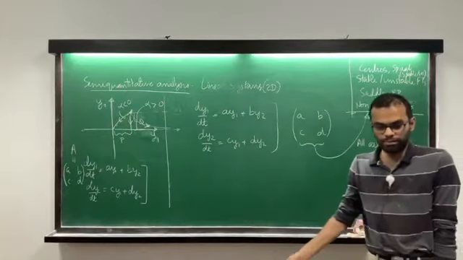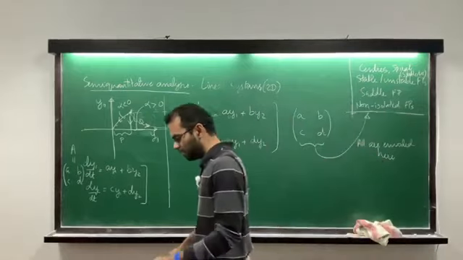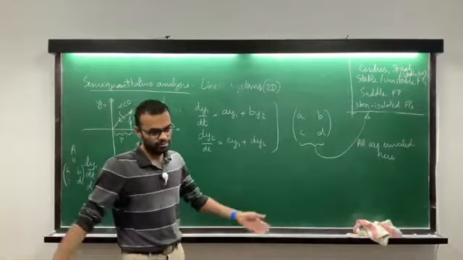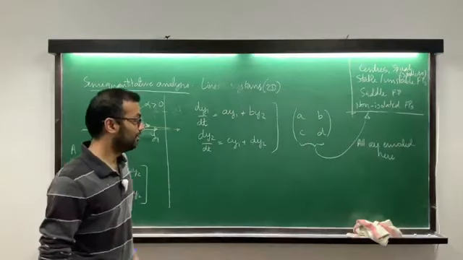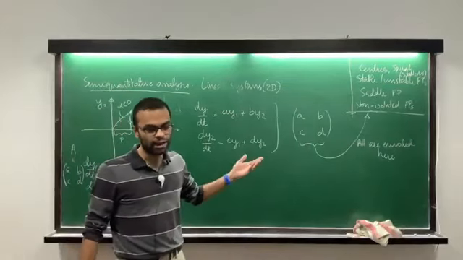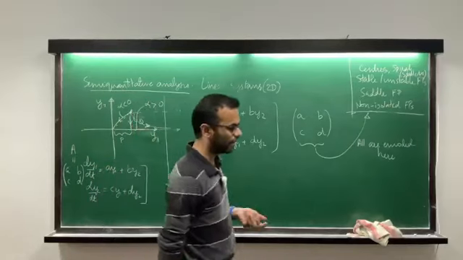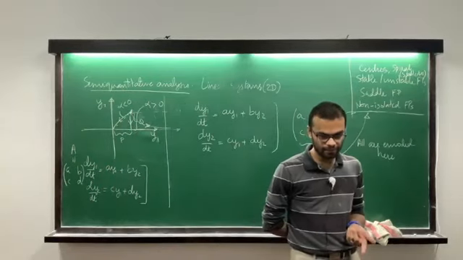If you're walking on the street and somebody comes and gives you a 2 by 2 matrix and says, tell me about this matrix, the first thing you will do is diagonalize it, or try to, and get its eigenvalues. The second thing you will do is use those eigenvalues to calculate the eigenvectors.